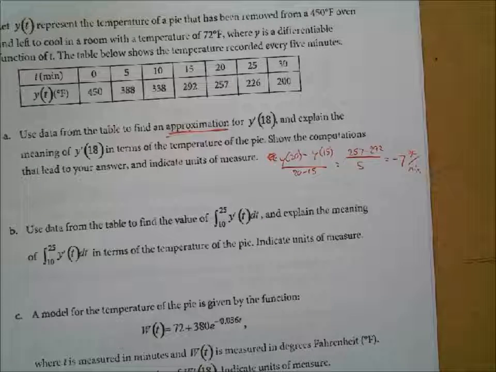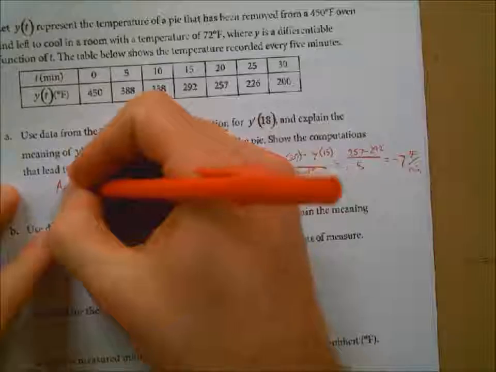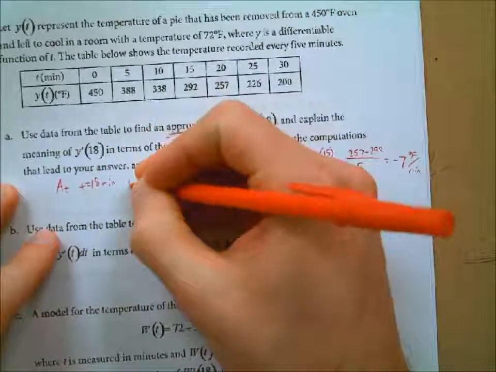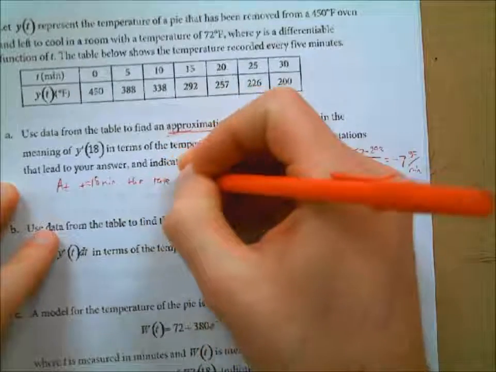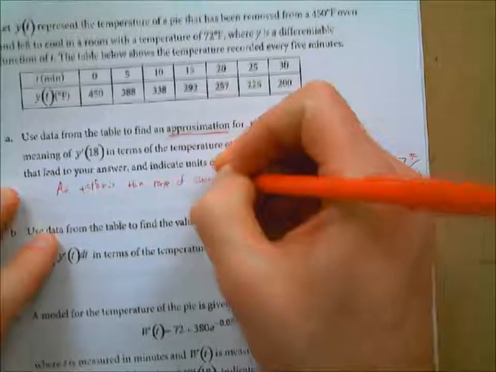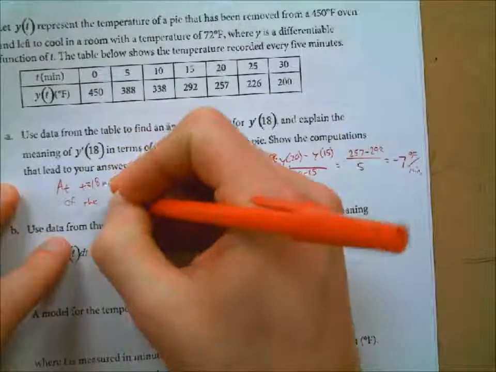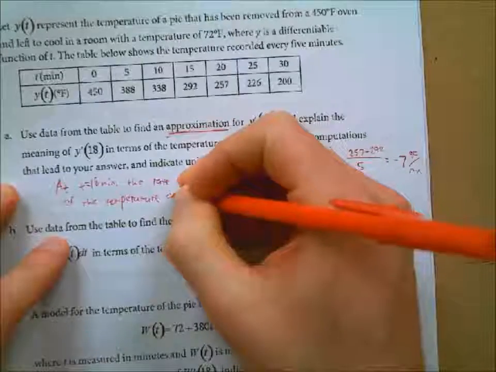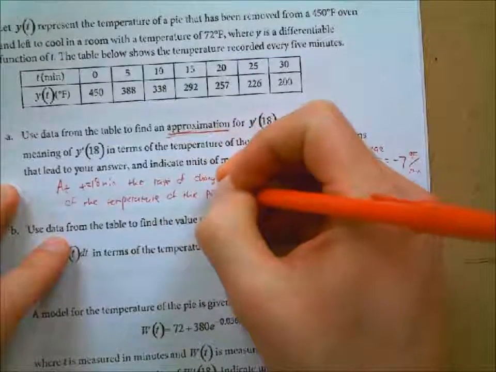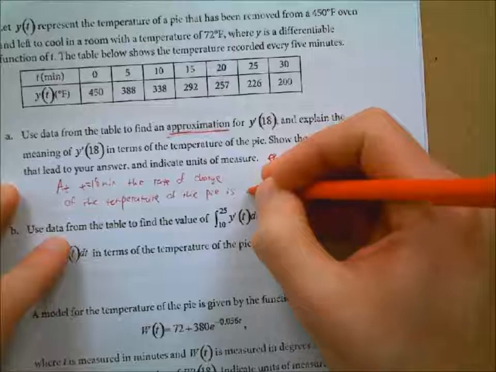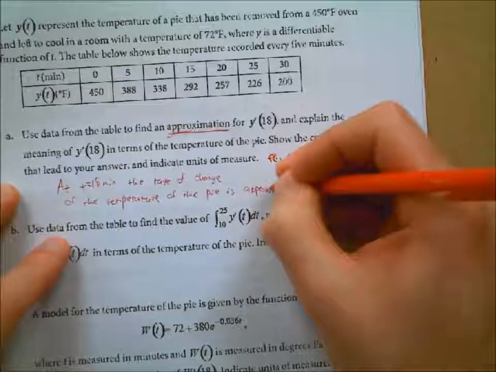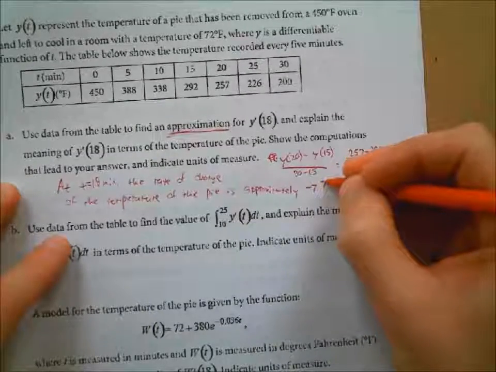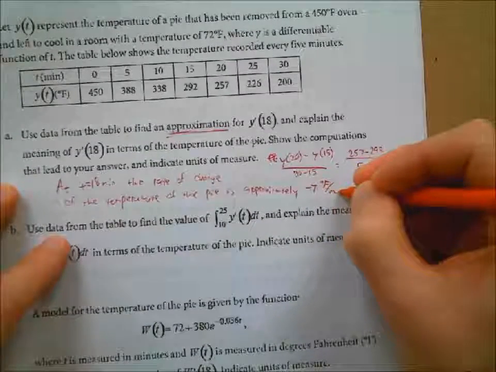And so at 18 minutes, the rate of change of the temperature of the pie is approximately -7 degrees Fahrenheit per minute.